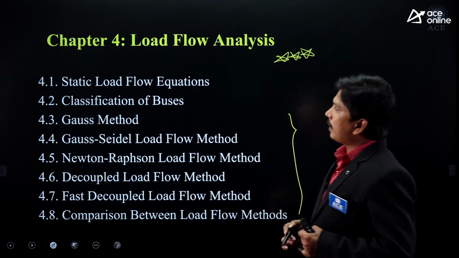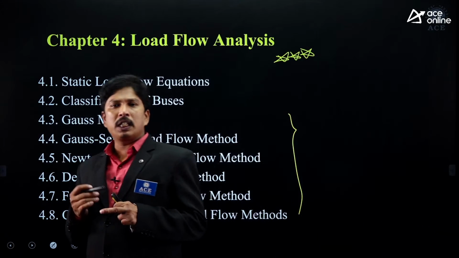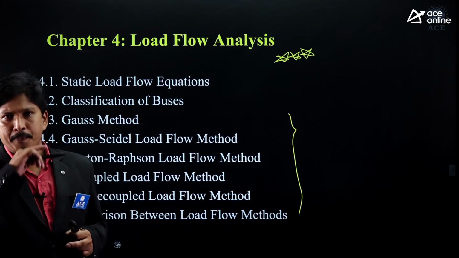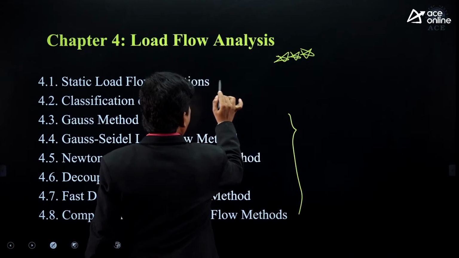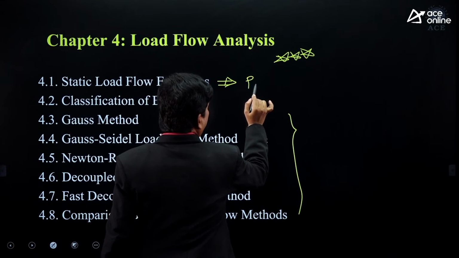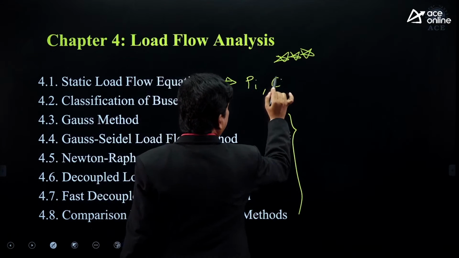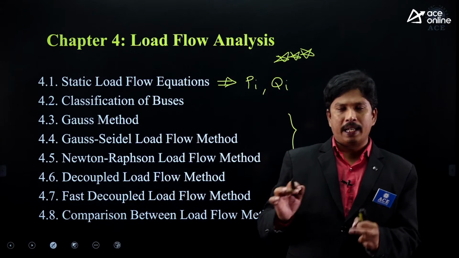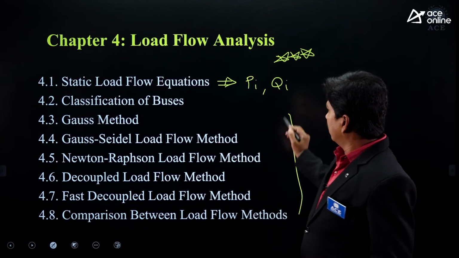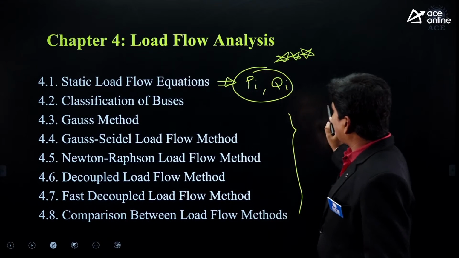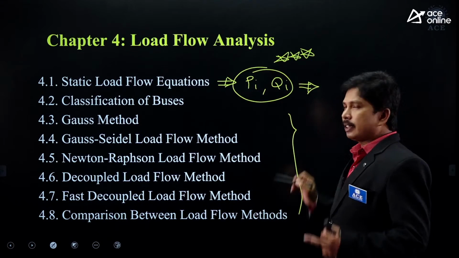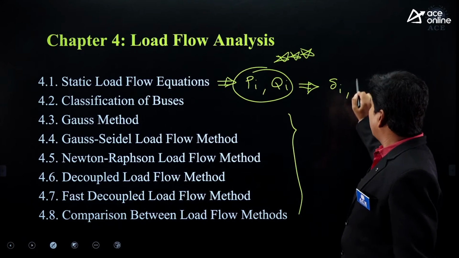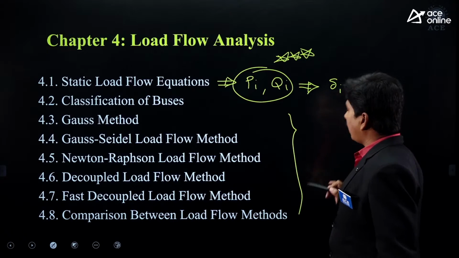Clear? In case of static load flow equations, we will get the active power and the reactive power equation at any particular bus i, right? So we are going to calculate the active power at any bus i and the reactive power at any bus i, and we can analyze the terms of active power and the reactive power. These active power and reactive power consist of two particular variables. They are delta at the ith bus and magnitude of voltage at the ith bus.